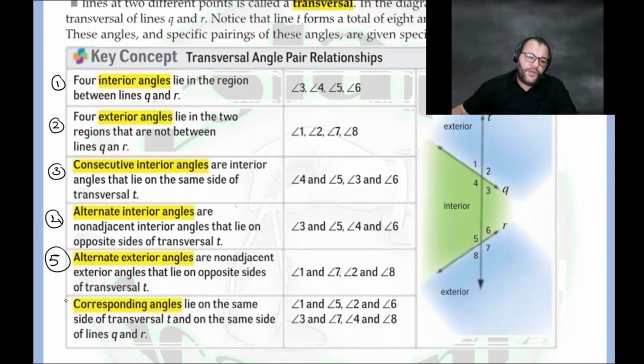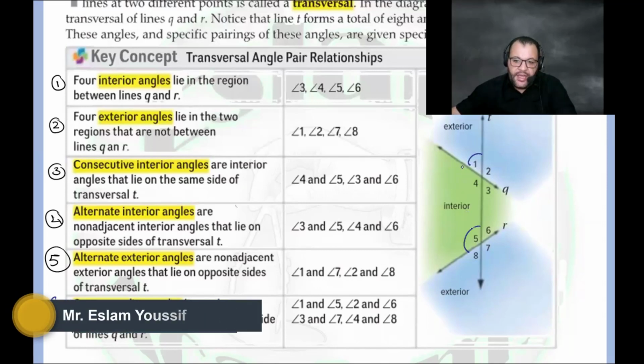Okay. Number 6, the last one, the corresponding angles. The corresponding angles lie on the same side of the transversal, they are not adjacent, and one of them is exterior and the other one is interior. For example, angle 1 is exterior, so we need angle 5. Or angle 4 with angle 6.